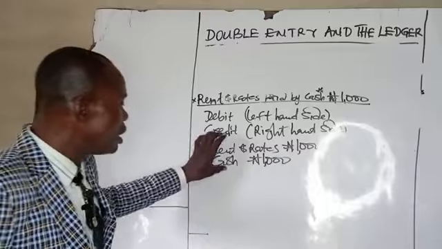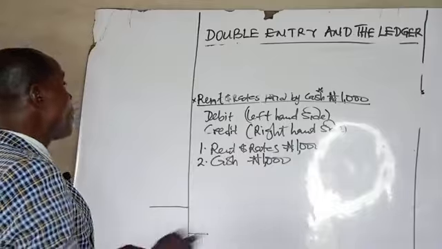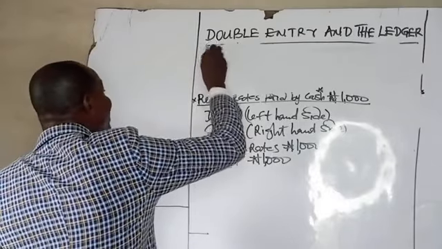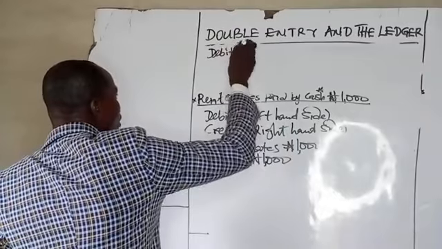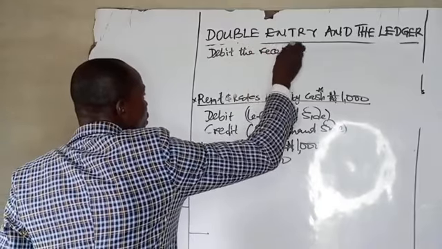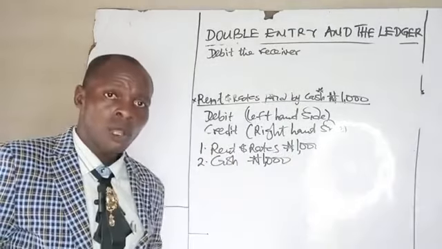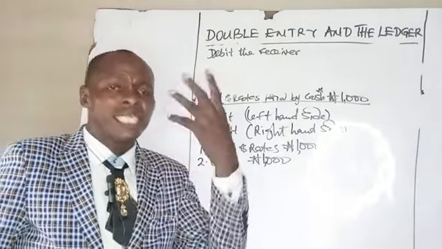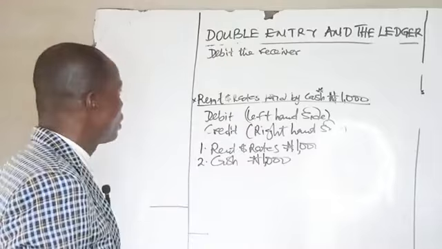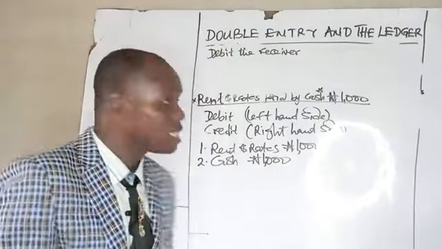Having known that this transaction will affect two accounts, the double entry principle says debit the receiver. The receiver is the account or the person who receives the value, the account that takes in the value.